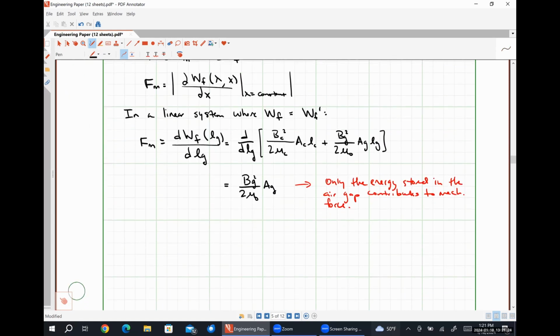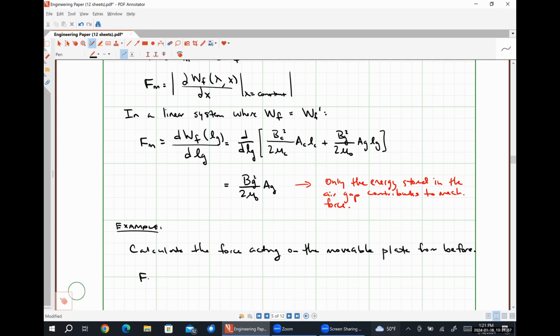So as a quick example, let's calculate the force acting on the movable plate from our previous example, right?